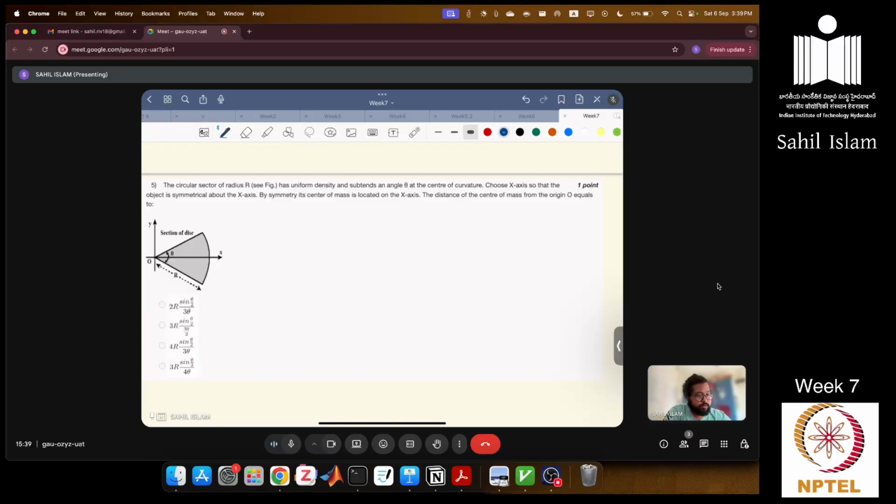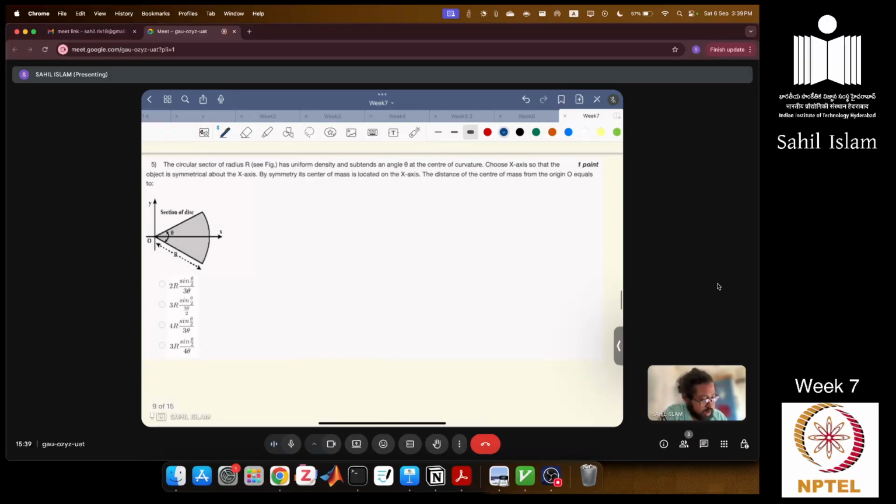So the next problem is a circular sector of radius r. This is a section of a circle of radius r that has uniform density and subtends an angle theta at the center of the curvature. So this whole angle is theta.